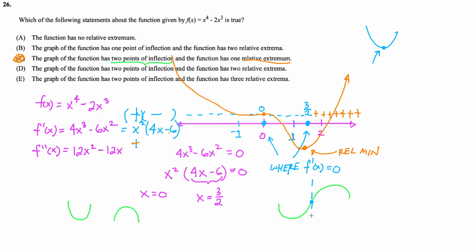So to the left, this function is concave up here. And then over here, you should see that it's concave down. And this point right here is your inflection point.